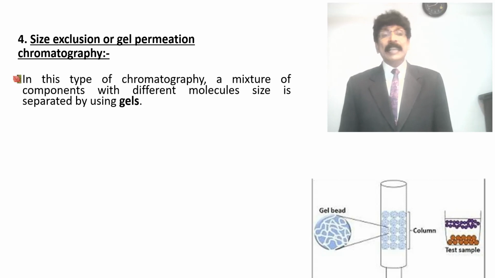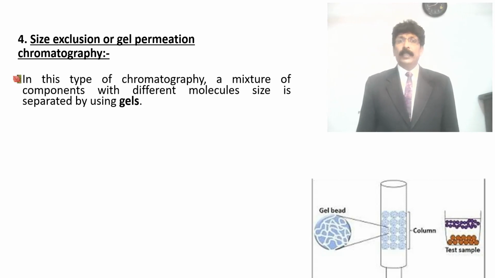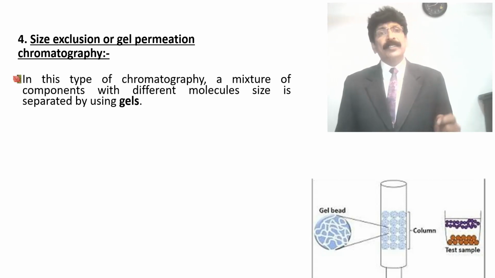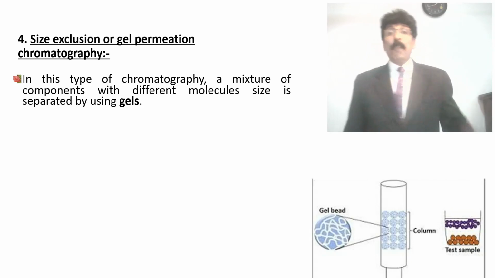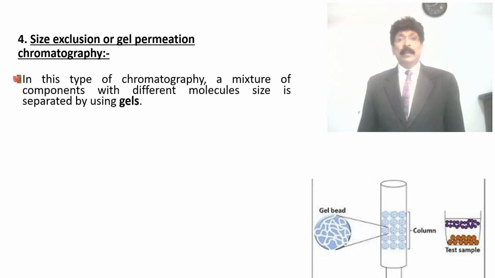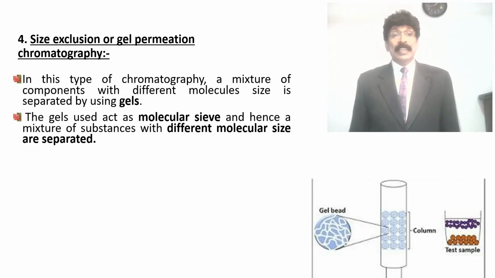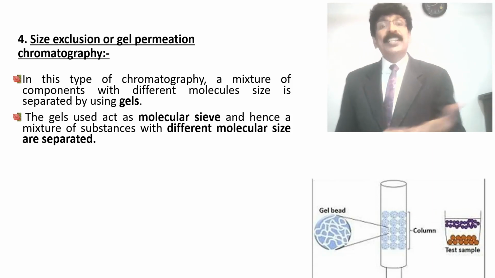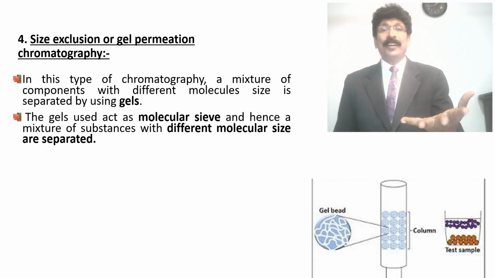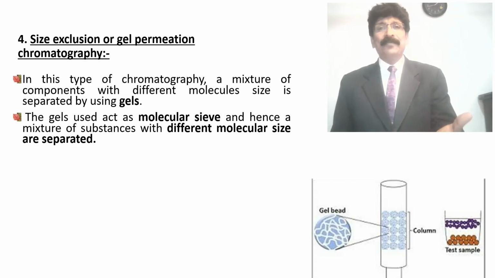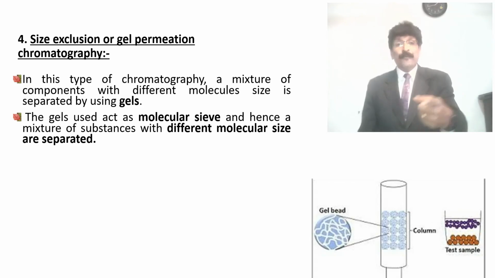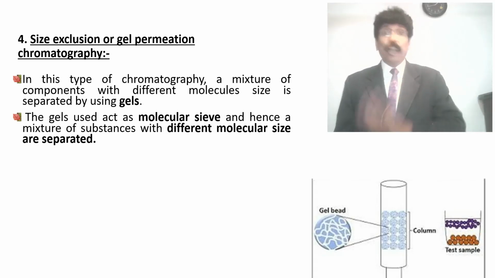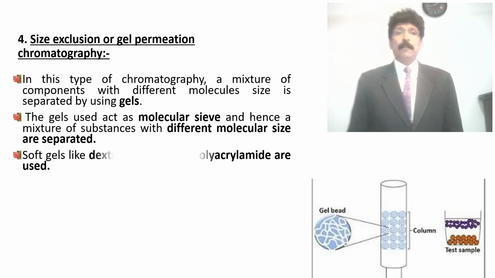In this technique of chromatography, a mixture of components with different molecule size is separated by using gels. The gels used act as a molecular sieve, molecular separator, and hence a mixture of substances with different molecular sizes are separated.